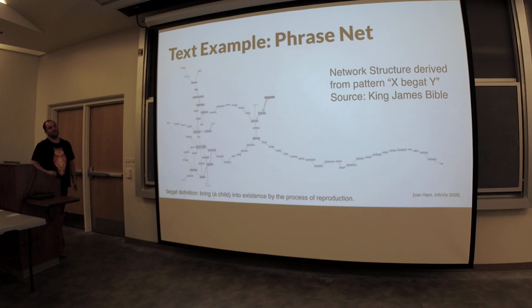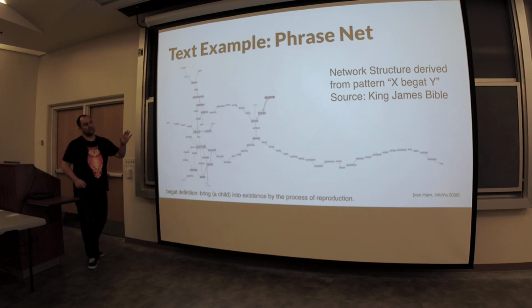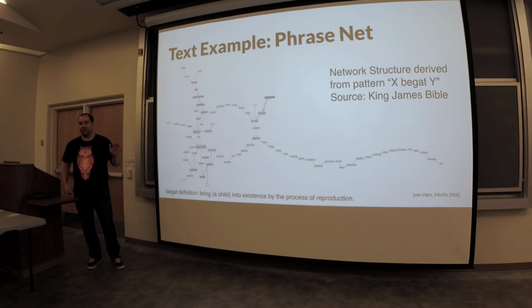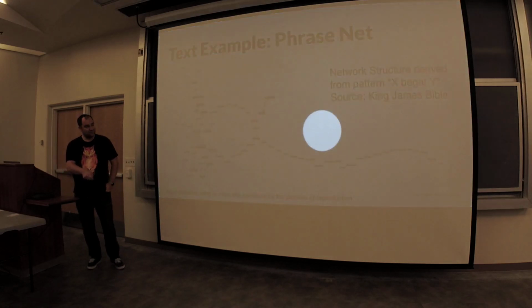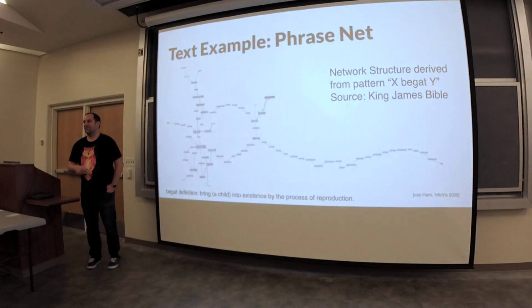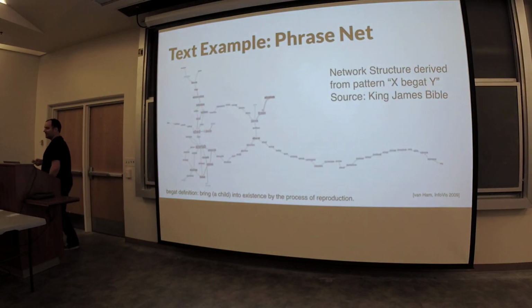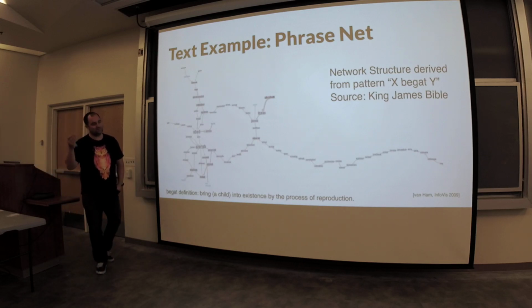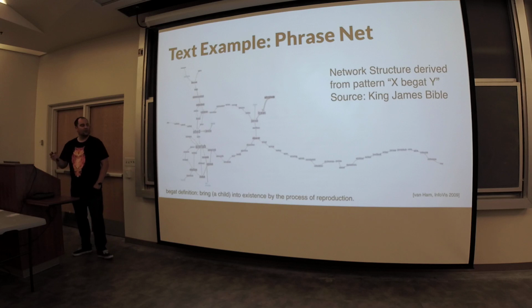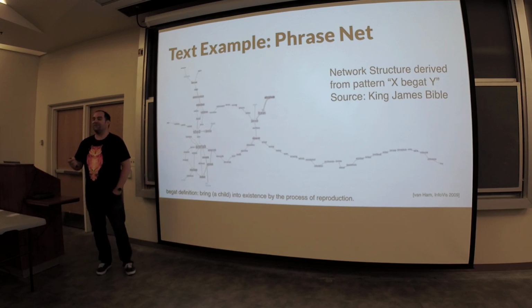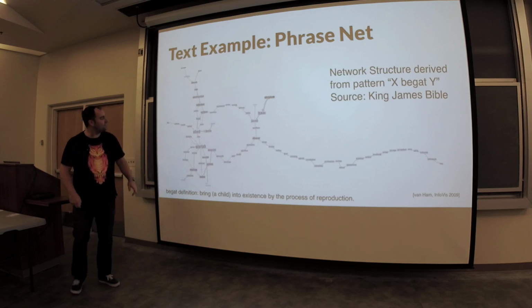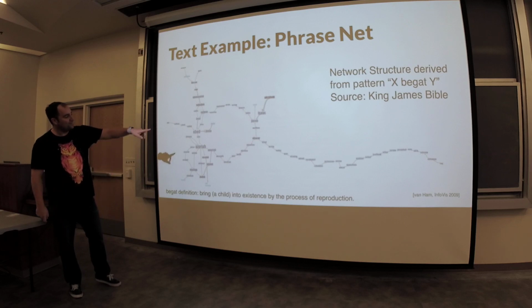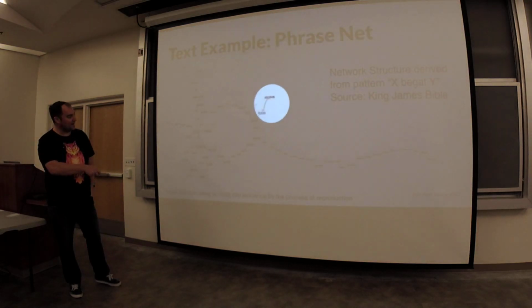Basically, they scan, in this example, the Bible for a particular pattern, like X begat Y. For those of you who are not native English speakers, begat means basically had a child, fathered or mothered. By parsing for this simple rule, we can extract family relationships out of the Bible, right? Abraham begat Isaac, begat Jacob, begat Joseph, and so on.